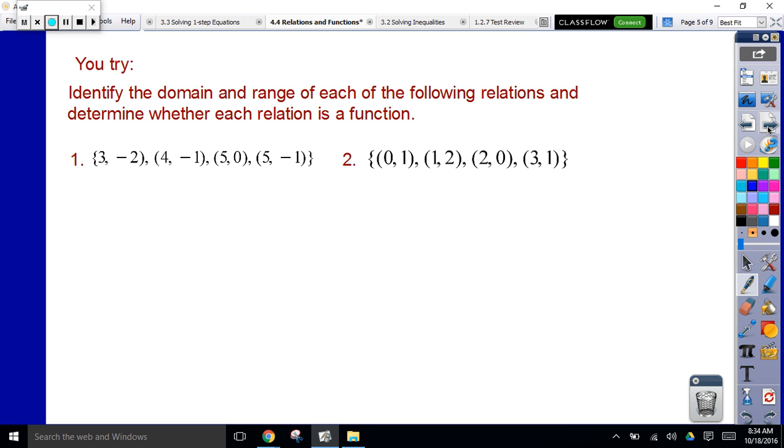Liz, can you tell me the domain for the first one? 3, 4. Good. And the range, let's see. Jocelyn.